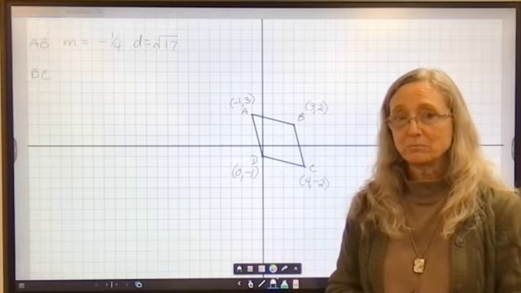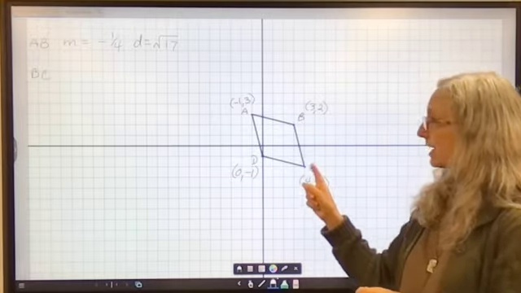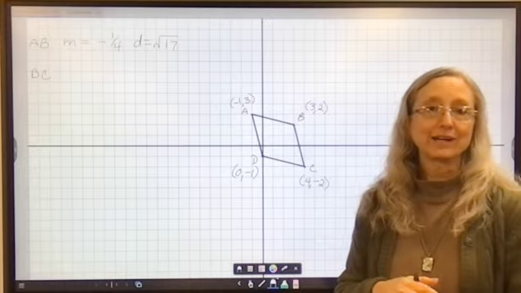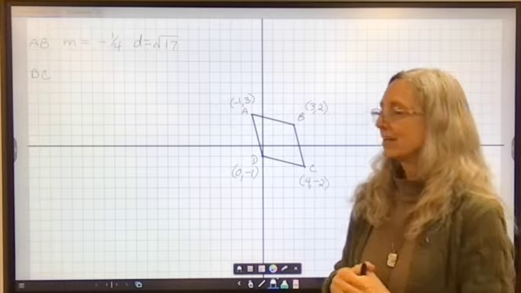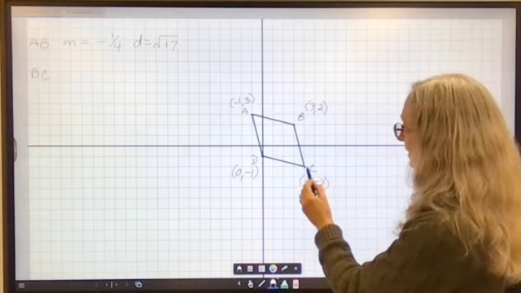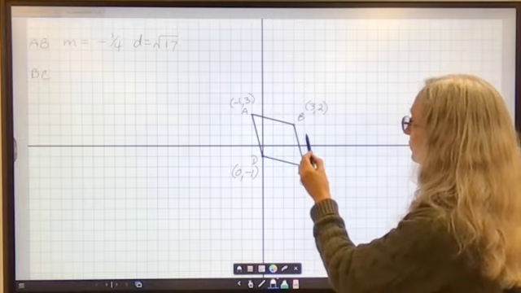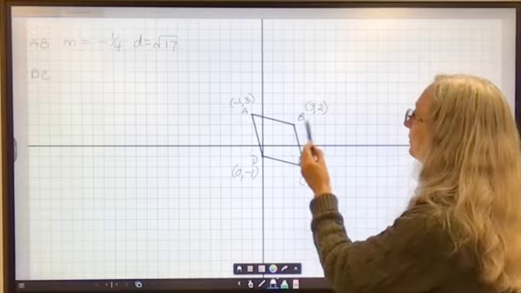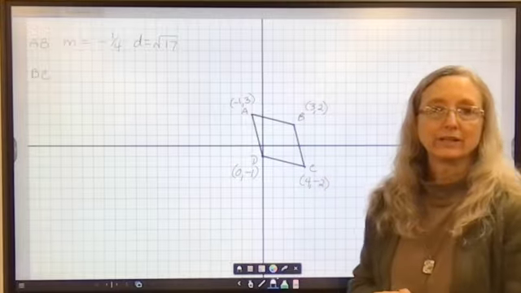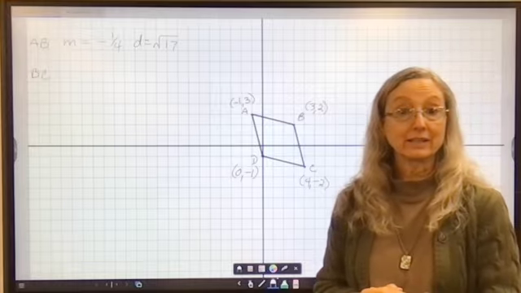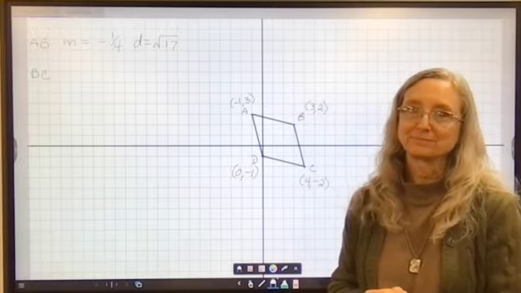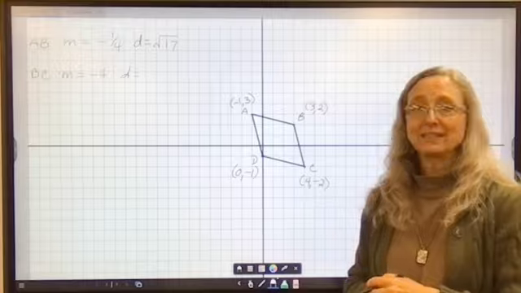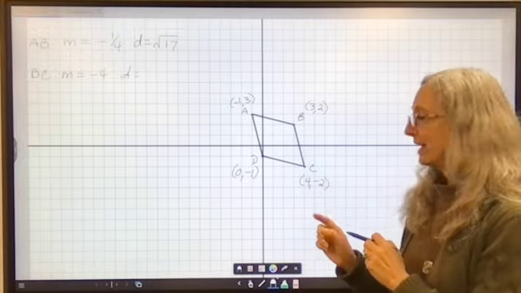Now I'm going to do the same process with this side, BC. I'm going to find its slope, and then I'm going to find its length. So the slope from B to C, my rise is 1, 2, 3, 4 over -1. So it is -4 over 1. So my slope is -4. So I've notated its slope. Now I'm going to find its length.